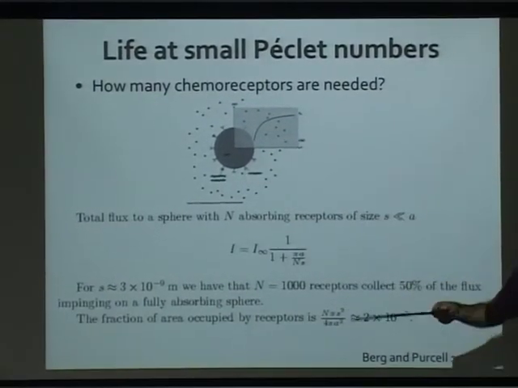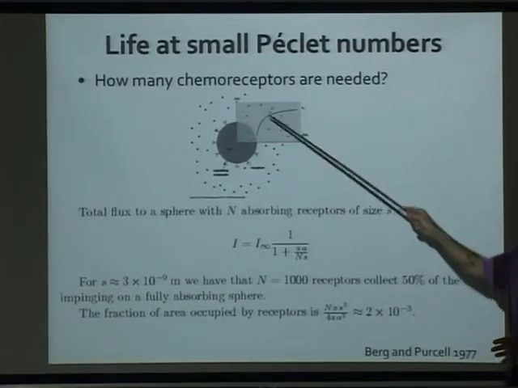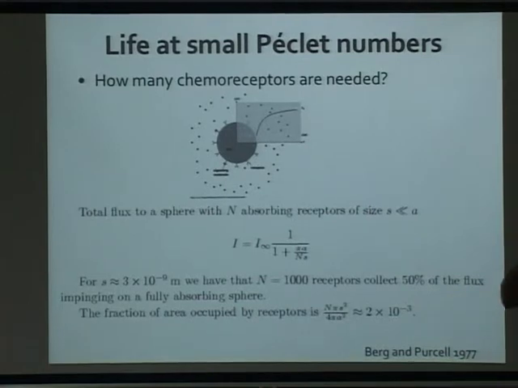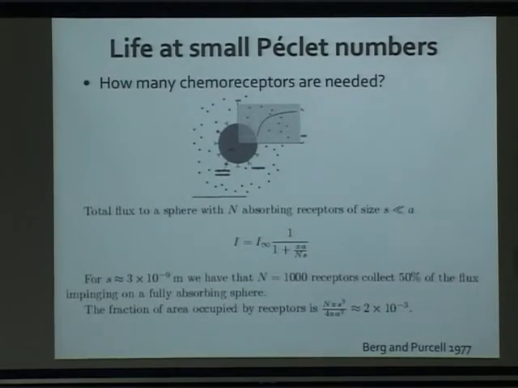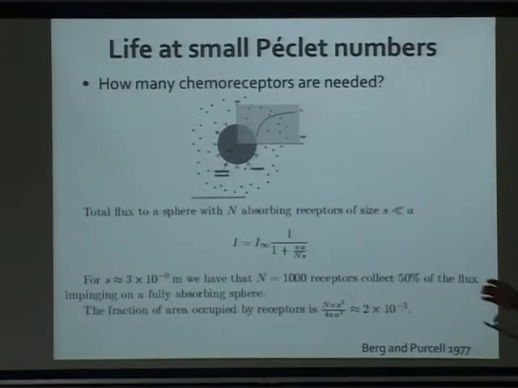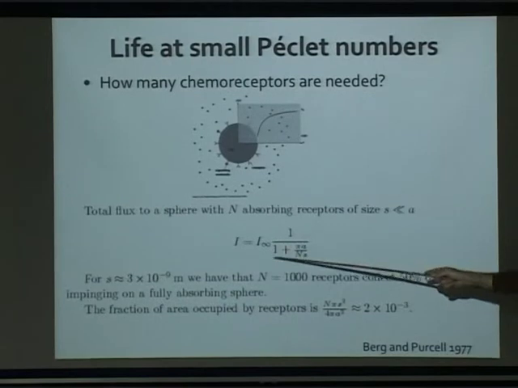Then you just compute analytically what is the flux to the receptors, which is you take a sphere, some parts of the spheres will be absorbing, some others will be reflecting. It's a problem of the theory of diffusion, not particularly simple, not particularly difficult, but you can work it out.